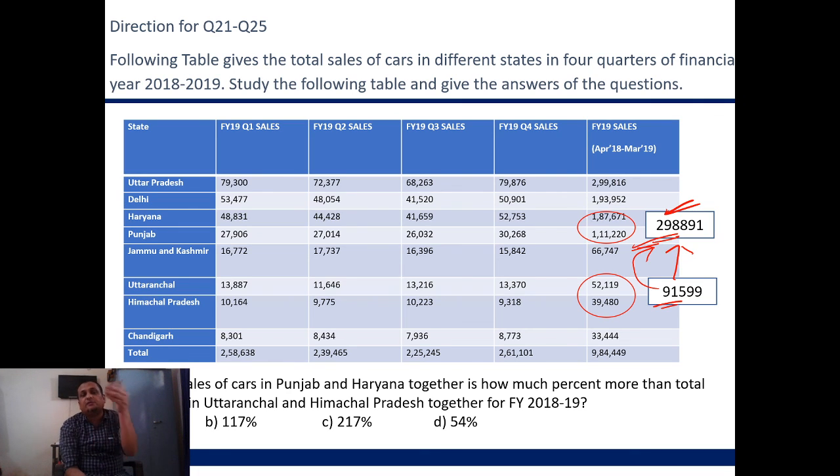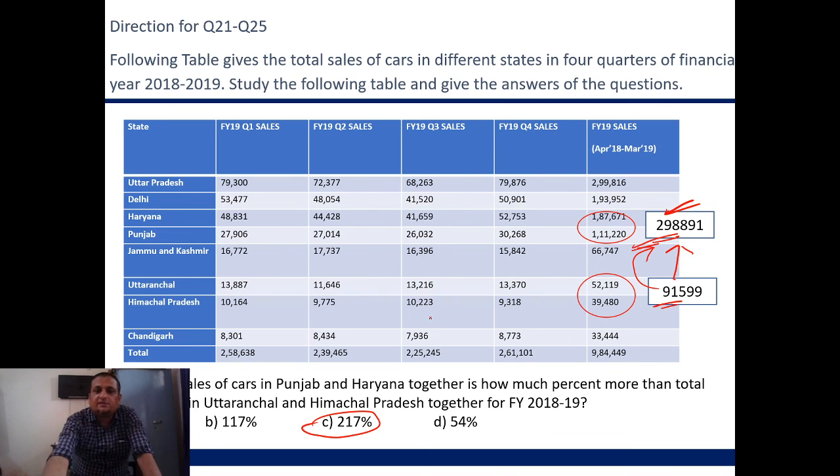If my salary becomes three-fold of the present salary, then my growth will be 200%. So here it is more than thrice, then growth should be more than 200%. So which is the only option which is more than 200%? Option C is my answer.